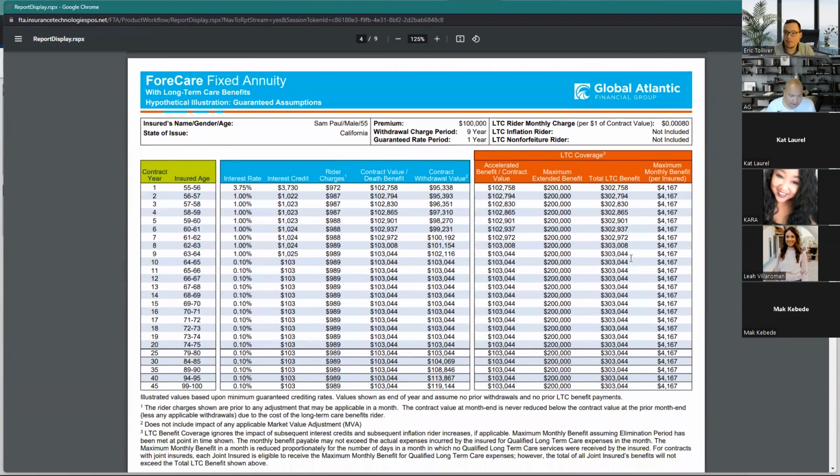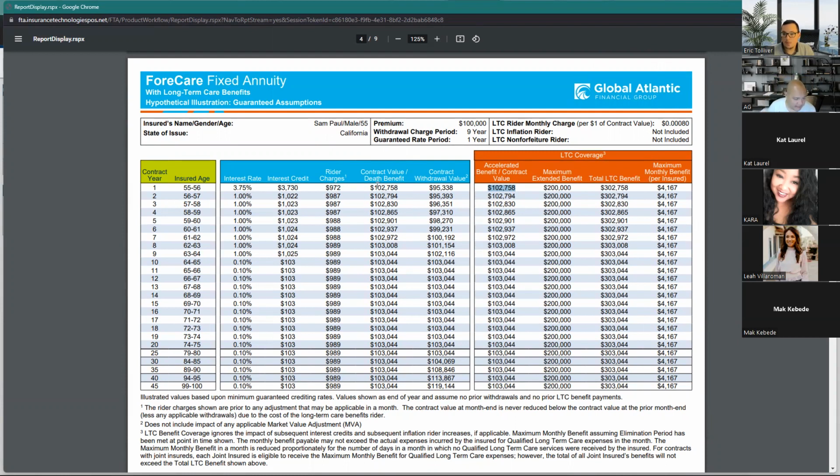Okay? So if you multiply that 4,167 by 72, that's $300,000, which means his 100,000, after he uses up all of this contract value, they will extend it for another 200,000, as long as he still is needing long-term care.